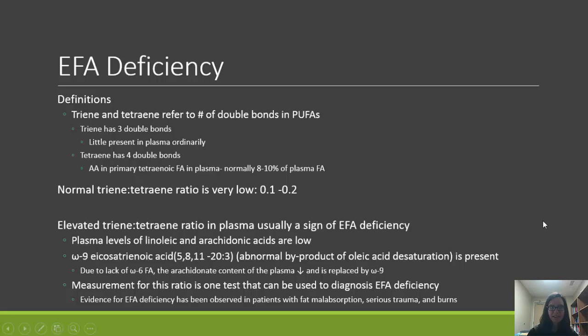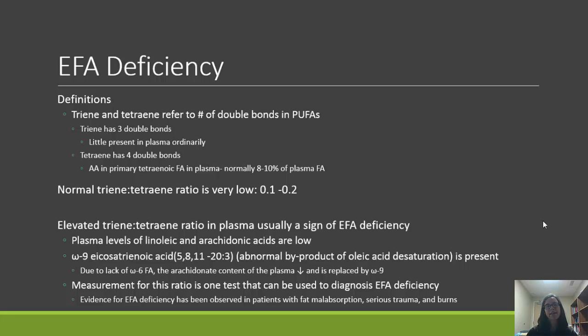Now, normally these aren't present, and this specific omega-9 is an abnormal byproduct of oleic acid desaturation. So if we're not getting enough omega-6s, then the arachidonic content of the plasma is decreased and is replaced by omega-9s.